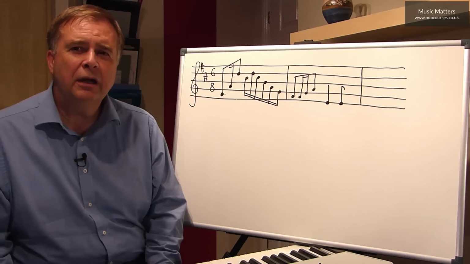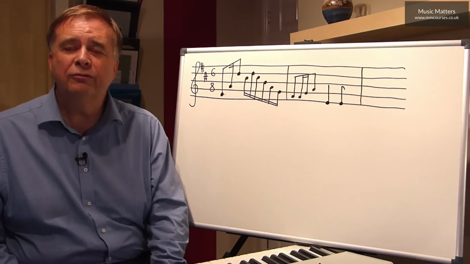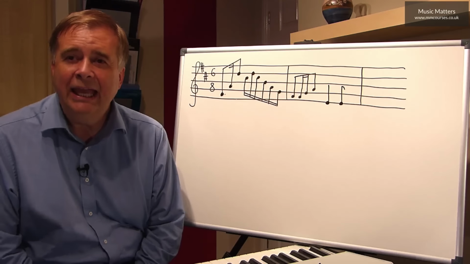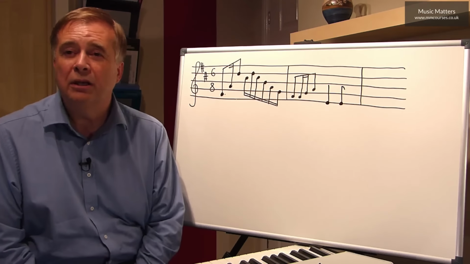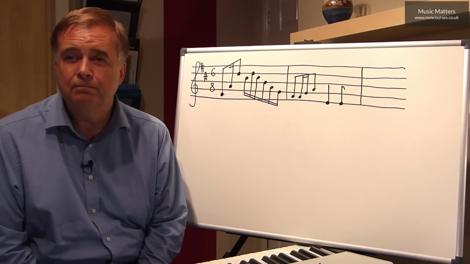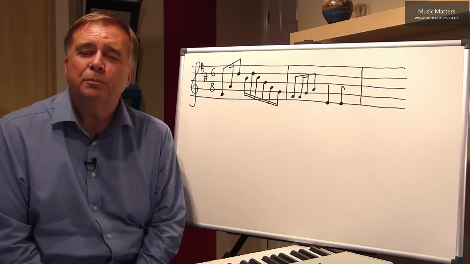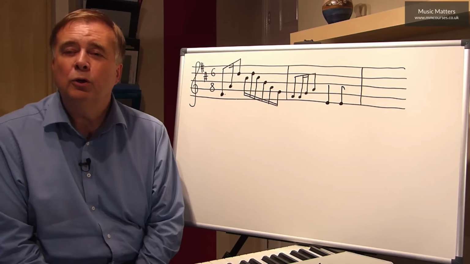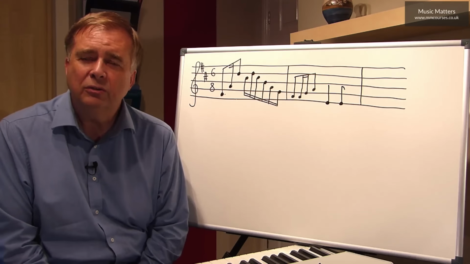So when I come to bar 4, if I want an imperfect cadence, I want to finish on a chord 5, then chord 5 in D major will be A, C sharp, E. So I really want to use notes that belong to that chord. If it's an imperfect cadence, then obviously the chord before chord 5 is going to be a chord 1, or a chord 4, or a chord 2.